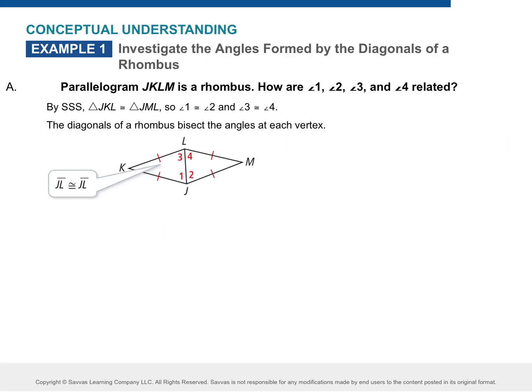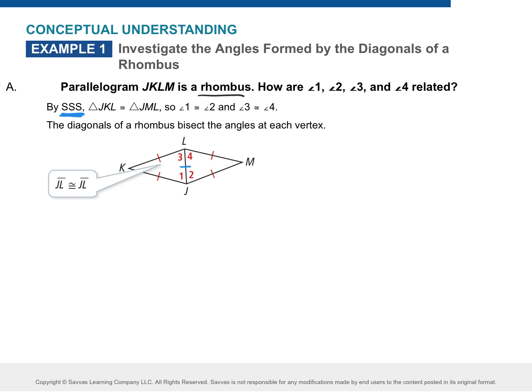Let's talk about another one. If I look at this right here, they tell us it's a rhombus. They split this rhombus up into two triangles with this diagonal down the middle. What they want us to talk about is the measures of these angles, 1, 2, 3, and 4. Now, why can they assume those two triangles are congruent by side, side, side? It's that shared side, right?